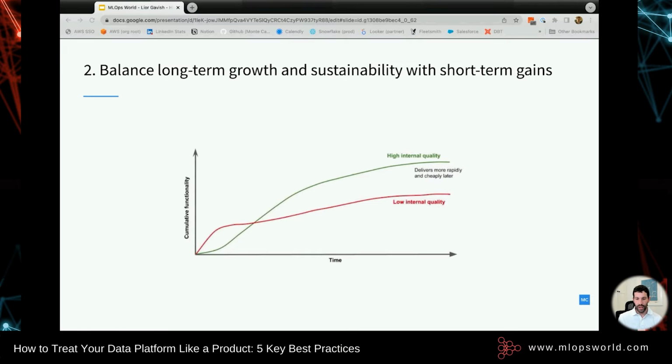On the other hand, having said that, you do want to build a platform with a long-term view of things, right? Remember, a platform is a tool for other teams to build on top of, right? And so when you build, you need to think about that scalability, and the ability to use the platform to build bigger, better things. And if you only focus on the short term and delivering this feature or that feature, you might end up with the red line on the slide here, where yes, you've shipped a bunch of features, but you haven't really enabled the organization to take advantage of data, right?